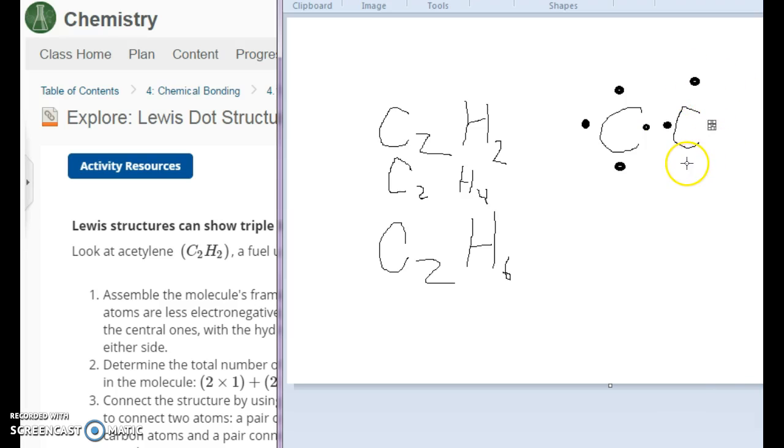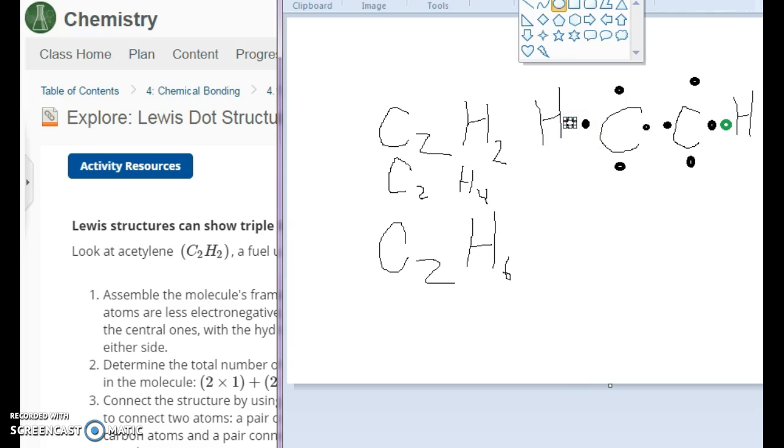Hydrogen can only make 1 bond, and it only needs how many valence electrons for a full outer shell? It only needs 1. So we'll just put a hydrogen at each end here. And again, each hydrogen is going to have 1 valence electron, and so we should be able to easily see how they bond with carbon.